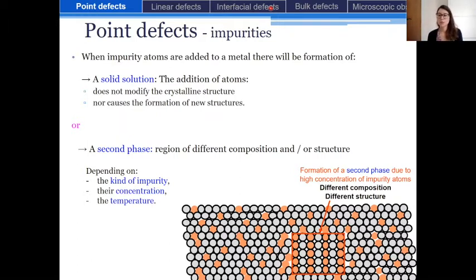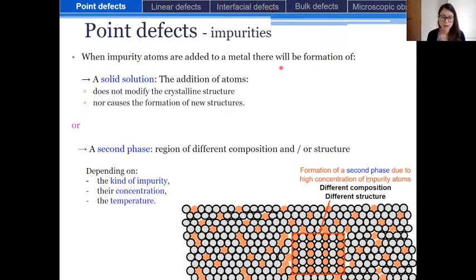And the formation of either a solid solution or a second phase will depend on the kind of impurity, which means the kind of atoms that are introduced in the composition, their concentration, and also the temperature.